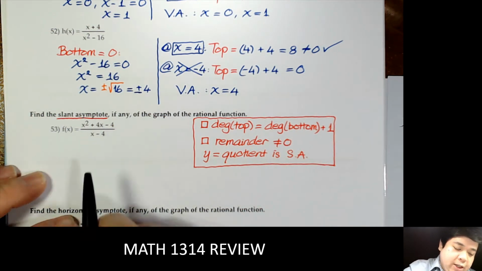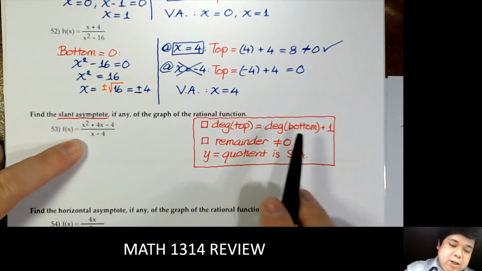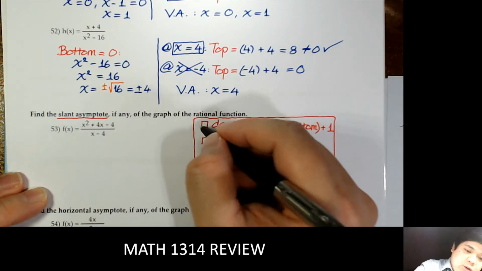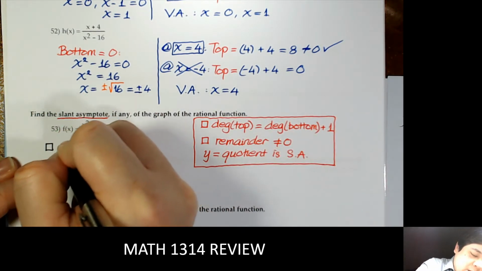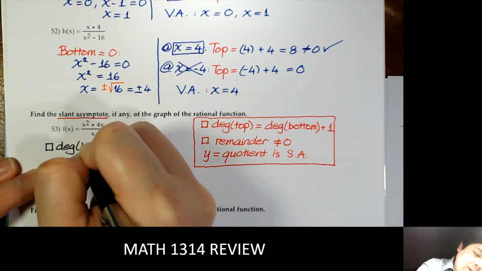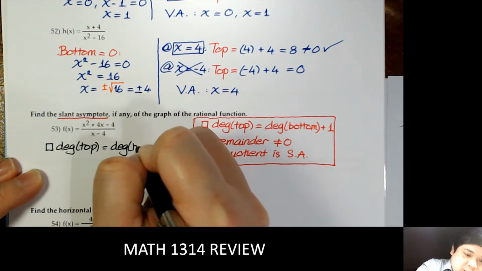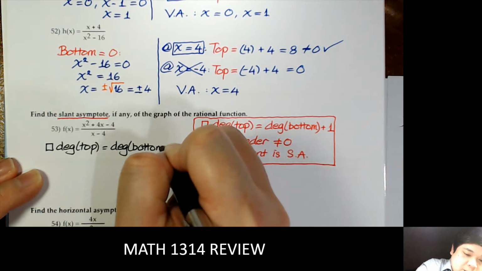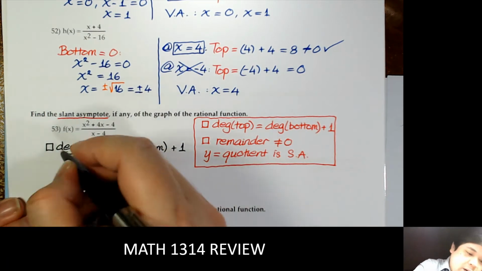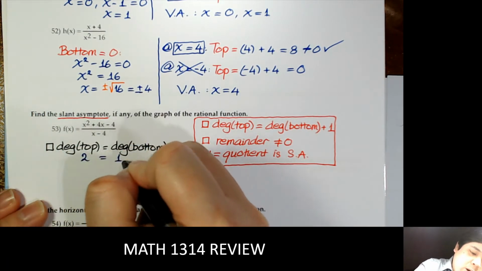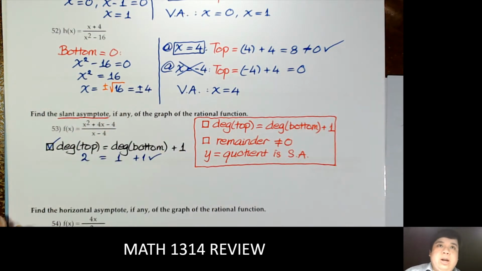So first, obviously degree on top is 2, degree on bottom is 1, and so the first one is checked. So first is degree on top equals the degree at the bottom plus 1. So degree on top is 2, degree bottom is 1, and that's certainly true. So yes, that's checked.